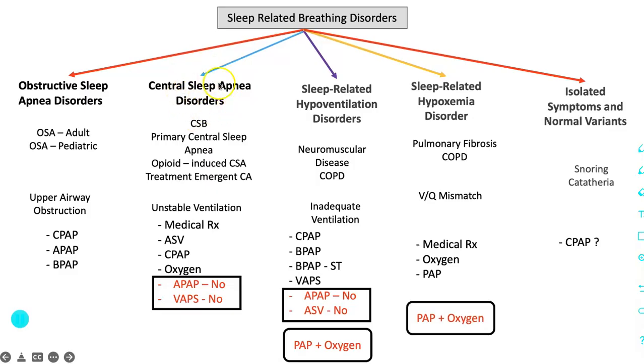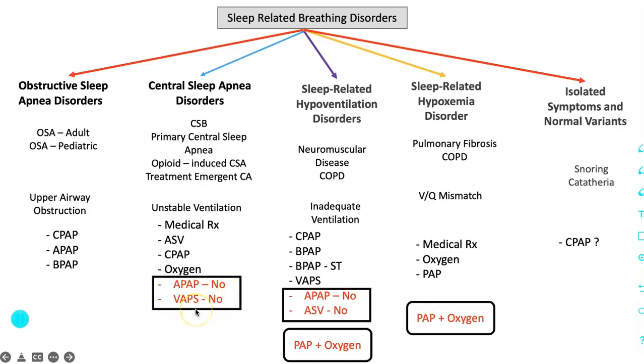In the case of central sleep apnea disorders, where unstable ventilation is caused by the chemoreceptors or the central areas which control respiration, the treatment includes medical management of pre-existing conditions like heart failure, and the use of ASV and CPAP, or as a last option, oxygen can also be considered.